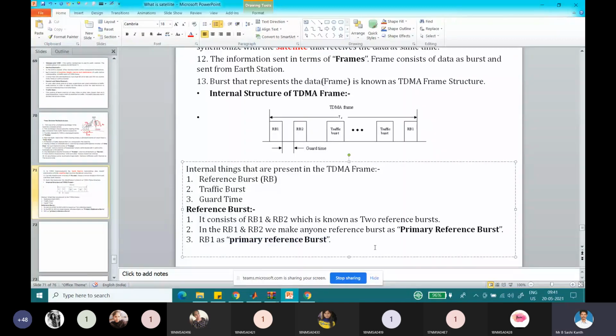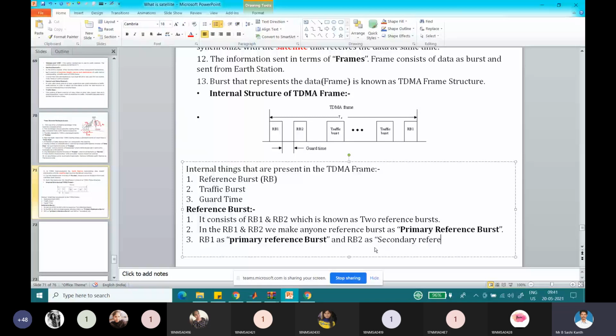RB1 is the primary reference burst and RB2 is the secondary reference burst. It is called a burst only; we call that one the secondary reference. So that is the intention here. The reference burst we are discussing in detail: RB1 and RB2 are the two reference bursts, and any one can be the primary.